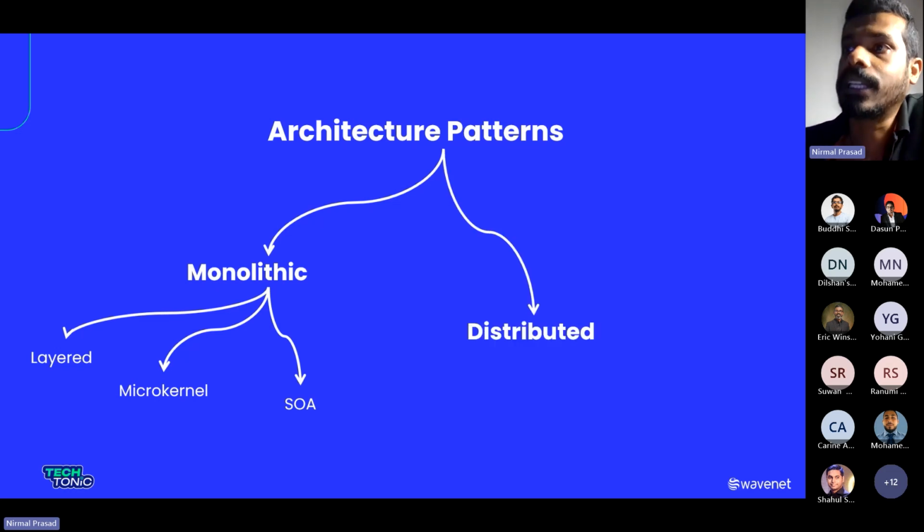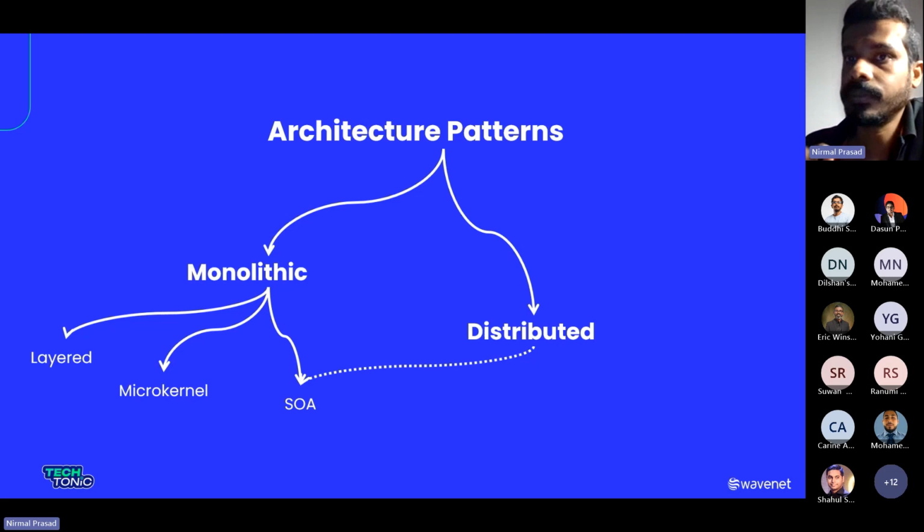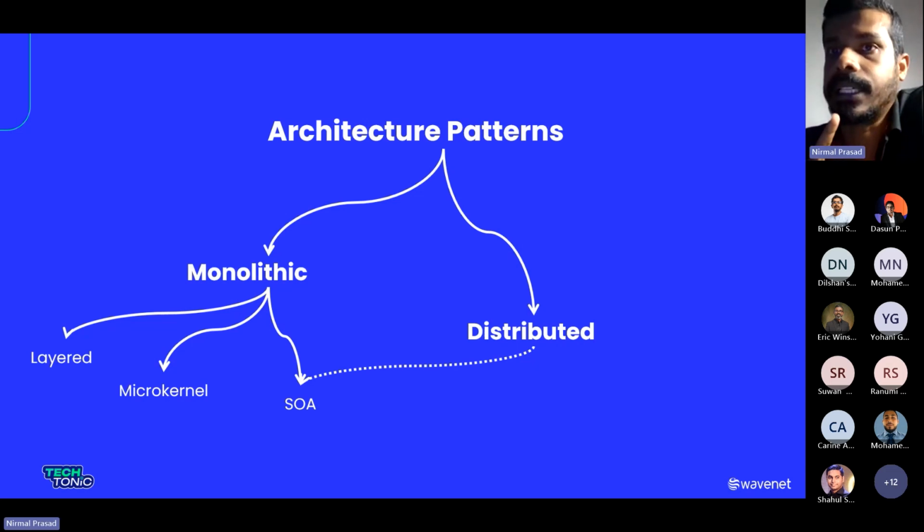The second one is distributed architecture. These days more distributed architecture is used, and we'll see what the distributed architecture patterns are. Here I need to tell you this service-oriented architecture has both monolithic and distributed characteristics. So in most articles and documents, it's categorized under monolithic distributed architecture.